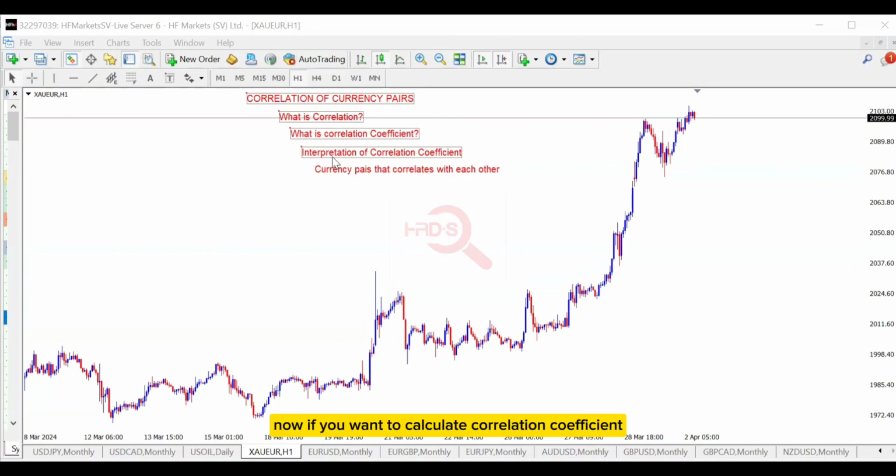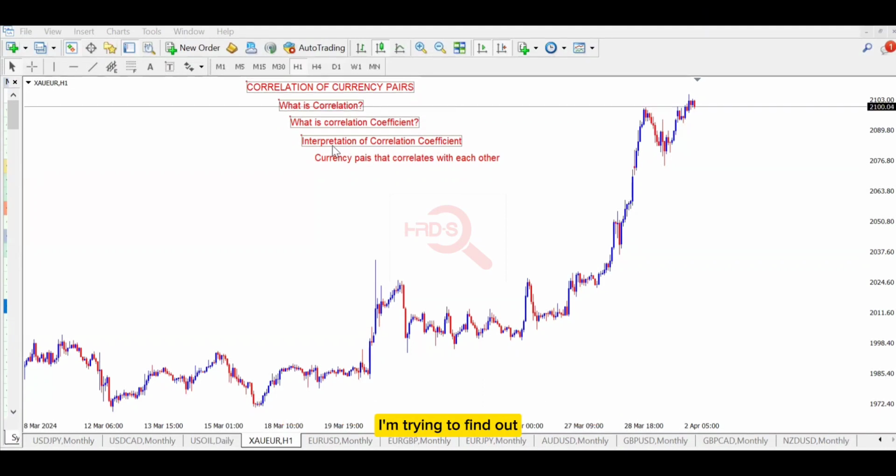Now, if you want to calculate a correlation coefficient, you need to bring the data of the two variables you are looking at. Let's say I'm trying to find out the degree of relationship that exists between, say, EURUSD and AUDUSD.